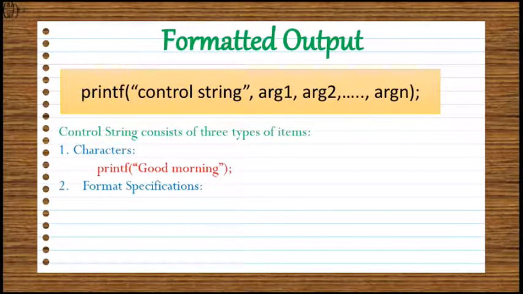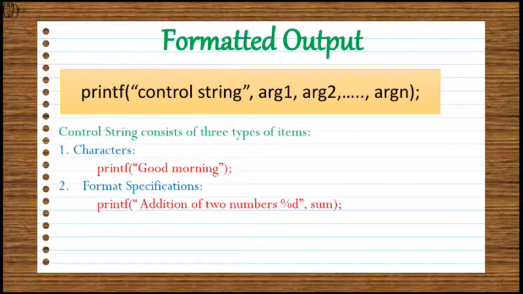Second one, format specification. Format specification defines the output format for display of each item. This means if you use a format specifier in the control string while printing the result on screen, the format specifier will be replaced by the value stored in the item. For example, printf, then in the printf function, addition of two numbers is, then %d, and then sum.